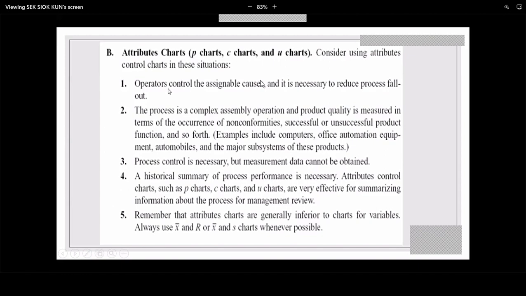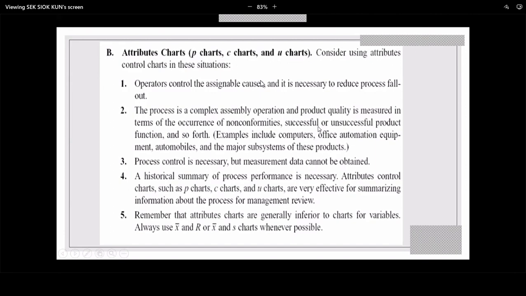The process is a complex assembly operation, and product quality is measured in terms of the occurrence of non-conformity, successful or unsuccessful, was necessary, but not this one I mentioned.